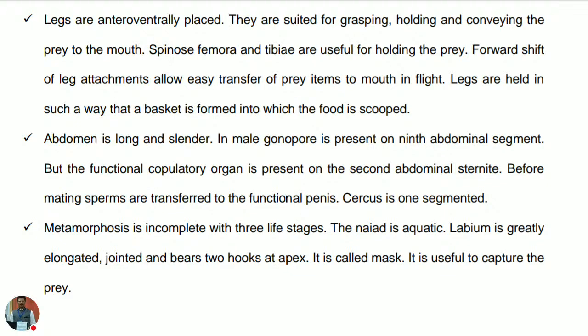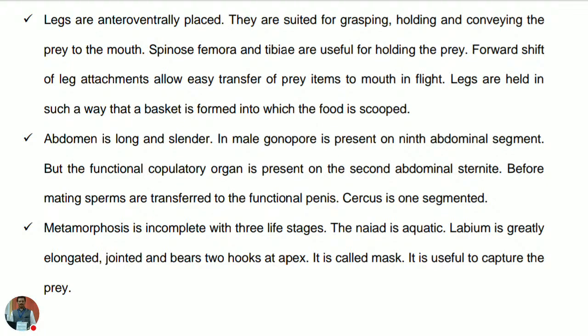So before mating, the sperms are transferred to the functional penis. The cercus is one segmented. To compare this, the cerci are multi-segmented in case of the cockroaches. The cerci are tactile organs present on the abdominal segment.